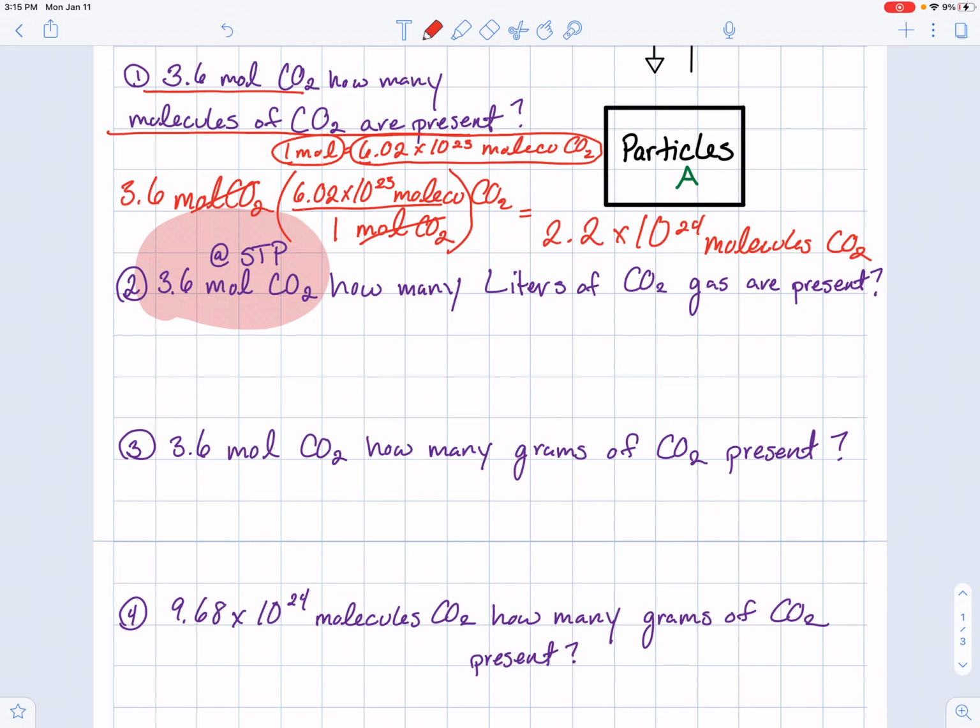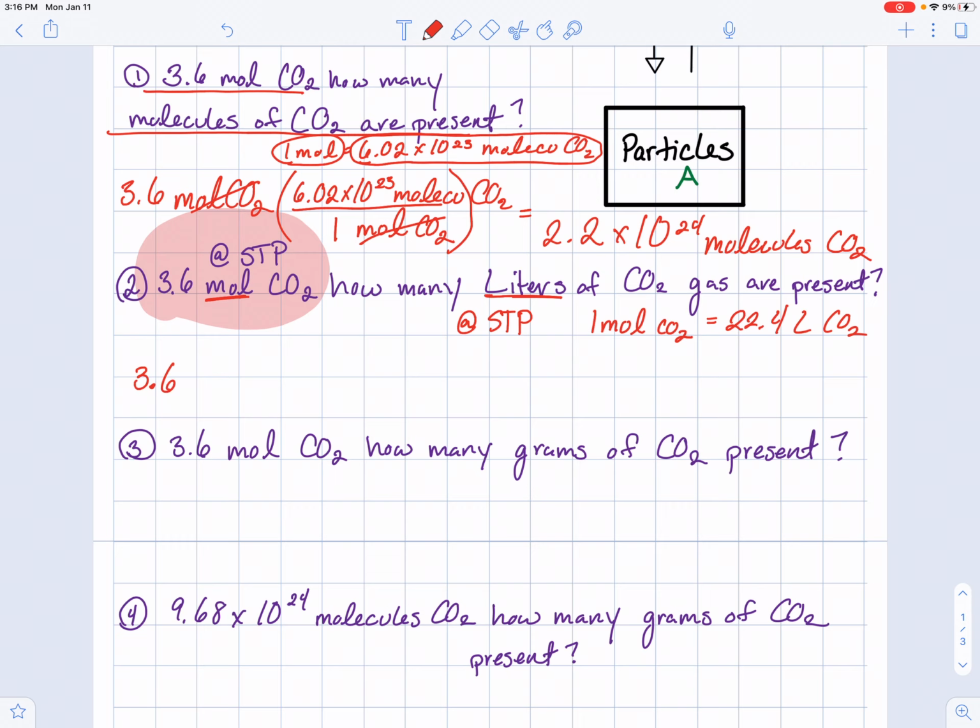Now, again, we're going from moles to liters, and so the definition that we're using is that 1 mole of any gas, in this case CO2, is going to take up 22.4 liters of space if we're at STP, which we are.